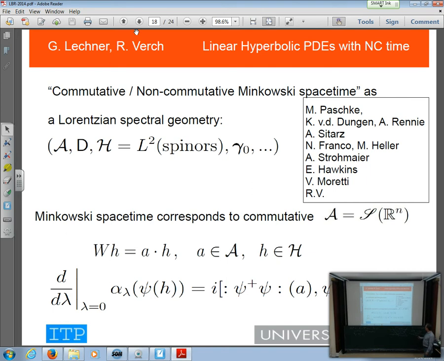And what's in here, which implements, if you like, the generator, is the Wick-ordered square of the field. And its weight, so to say, is this element in the algebra.